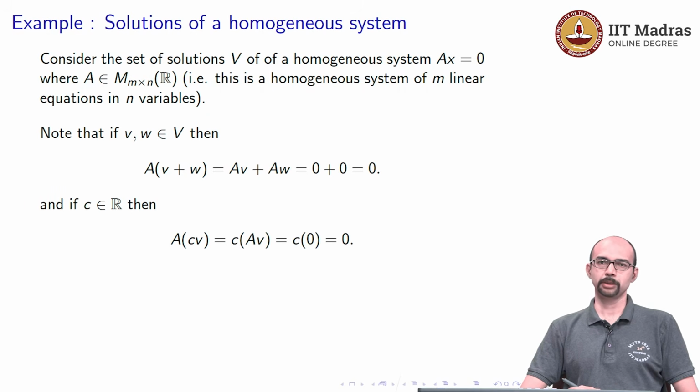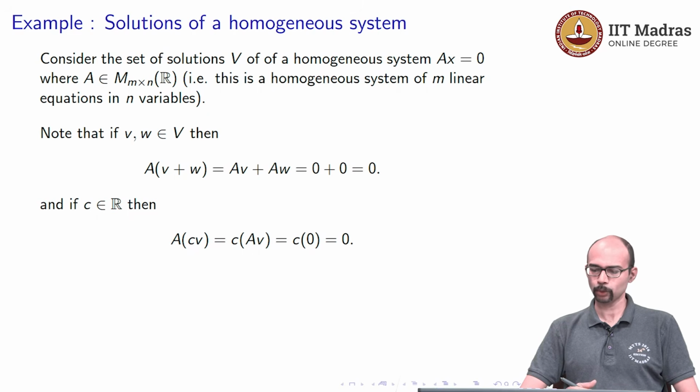Okay. So similarly, if you take a scalar c and multiply it to a vector little v, such that little v is in capital V, meaning little v is a solution of this homogeneous system, then I can do A times c times v. So c times v, remember, is scalar multiplication, but we have seen this before. You can actually take this c out.